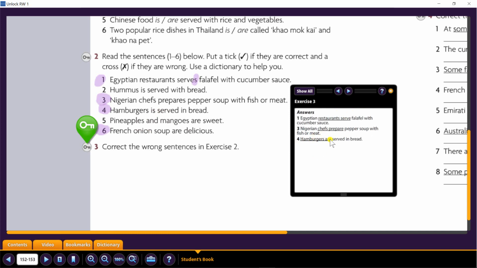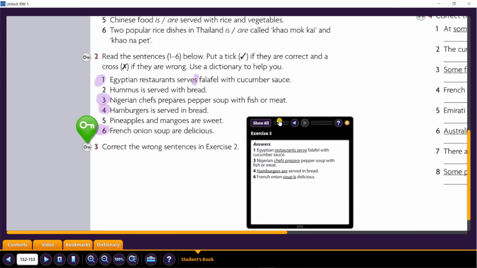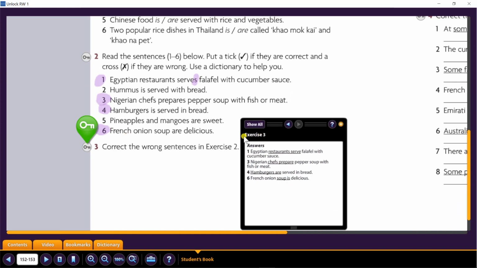Okay? Are. French onion soup are delicious. No, French onion soup is. Soup is an uncountable noun, so it takes a singular verb only. So this is for exercise number 3. Pause the video, check your answers, and come back again to deal with another grammatical rule which says articles a, an, and the.